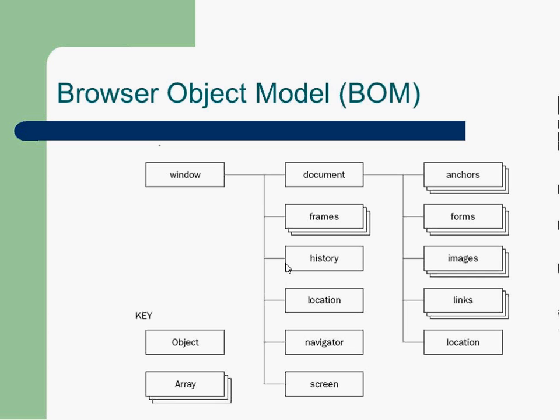And the location on the left side, and the location here, is available in both. You can say window.location, and you can also say document.location, and the effect will be the same. Initially there were no tabs, and now it makes more sense.